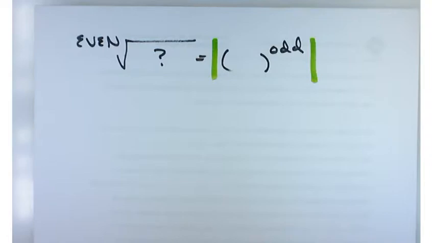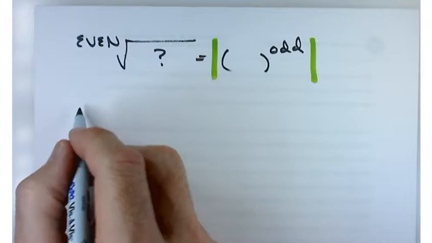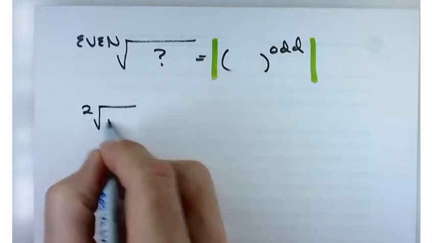I'm going to give you a couple examples of stuff like this. Let's take a look at the square root of y to the 10th.